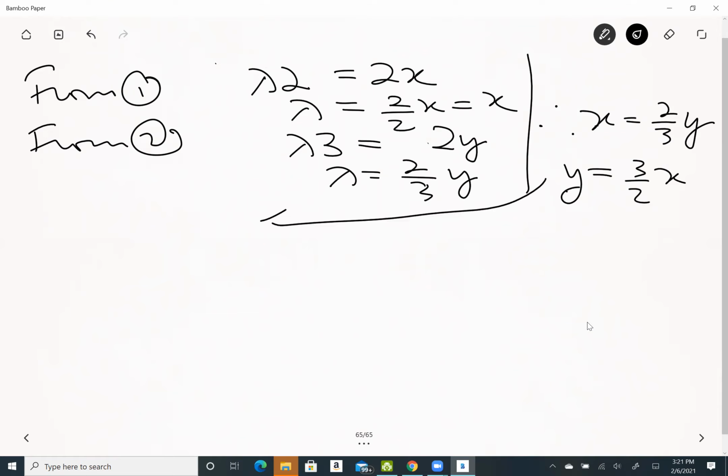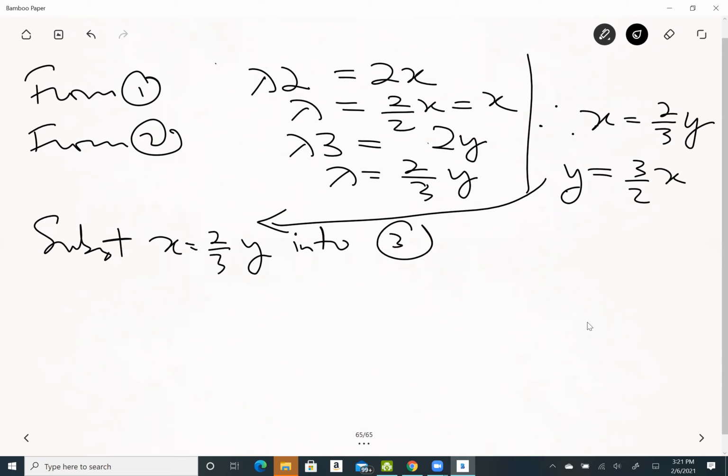So lastly, you substitute. Suppose I use x. You substitute x equal to 2y over 3 into number 3. Then you will have the x and the y. I will stop here because our time is up. I want you to finish it up. Next class, we will continue from here.